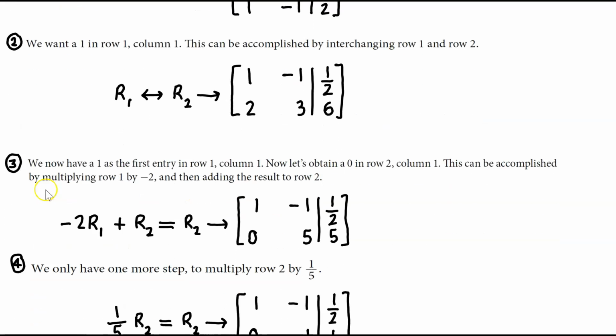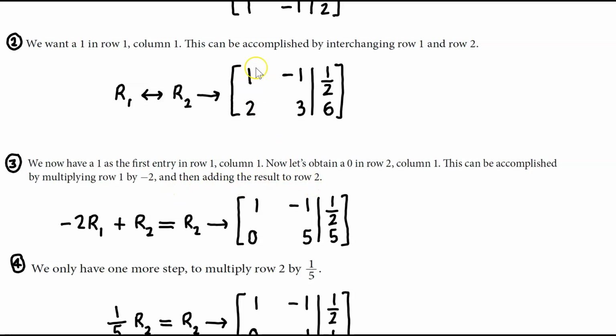Now in step 3, now that we have a 1 in the upper left hand corner, in row 1, column 1, we need to obtain a 0 in row 2 underneath that 1. This can be accomplished by multiplying row 1 by -2 and then adding the result to row 2.